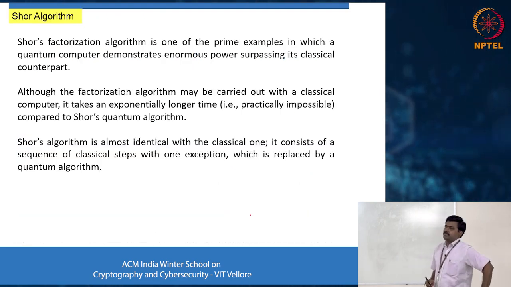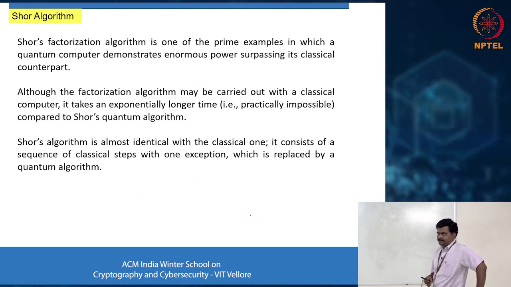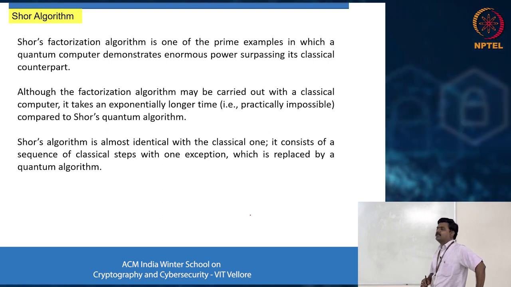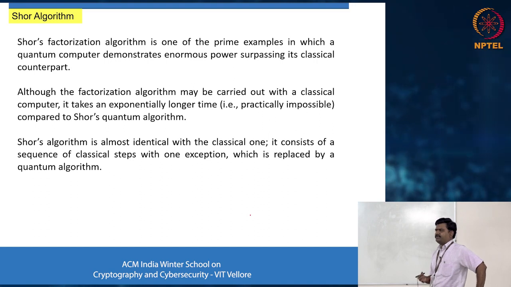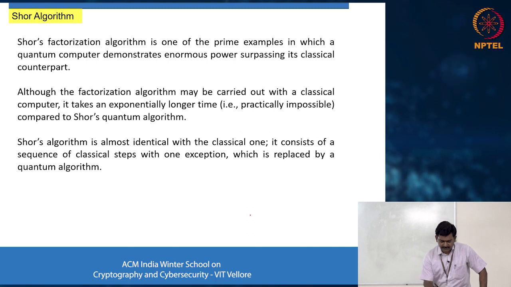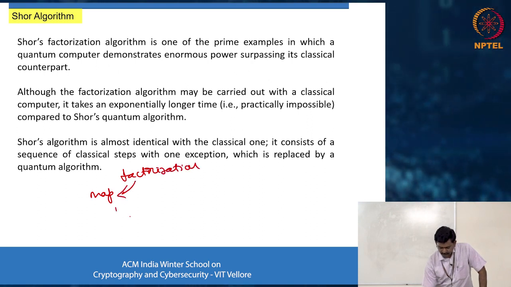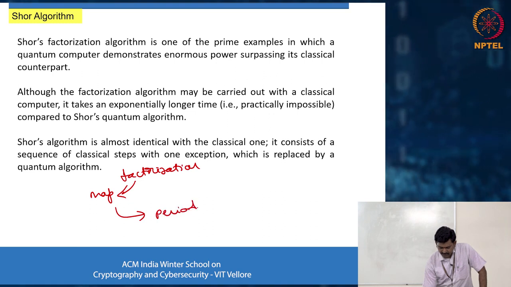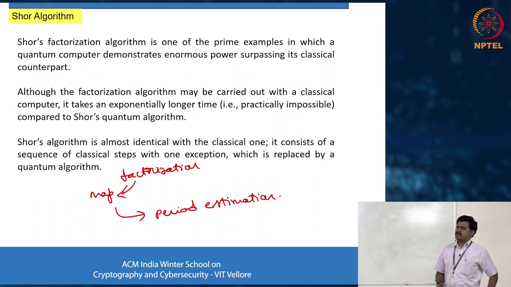The algorithm that is posing the threat from quantum computers is Shor's algorithm. I won't go into the algorithm now. You can go online and find various resources, but Shor's algorithm has mapped the factorization problem to the period estimation problem.